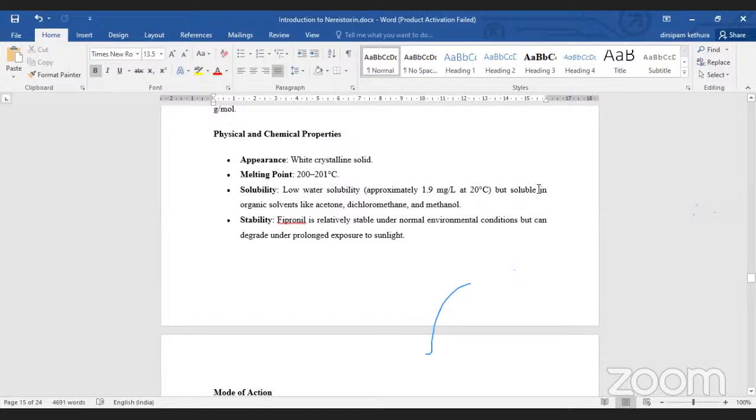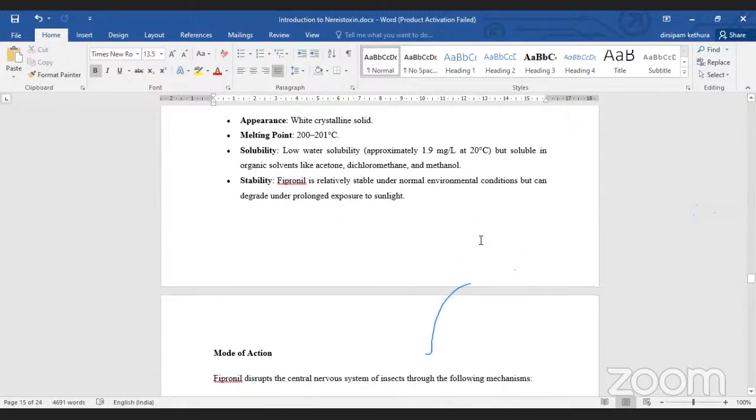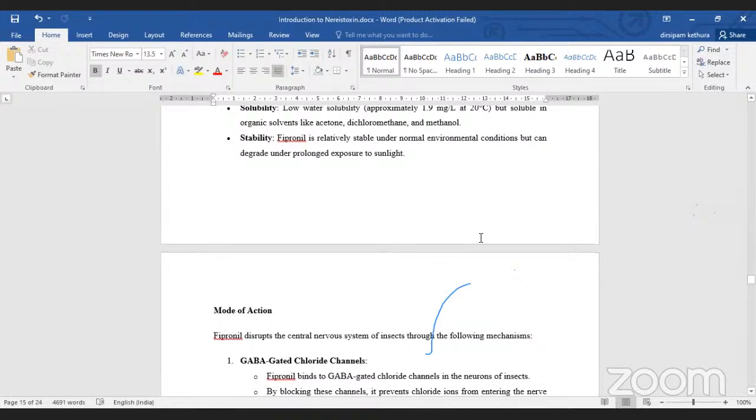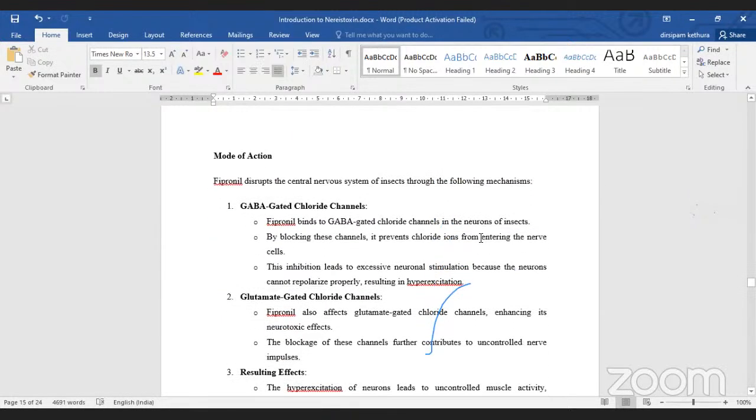Coming to the physical and chemical properties, it is a white crystalline solid whose melting point is 200 to 201 degrees Celsius. It shows low water solubility but is soluble in organic solvents, and it is stable under normal environmental conditions, but it gets degraded when exposed to sunlight for a longer period.